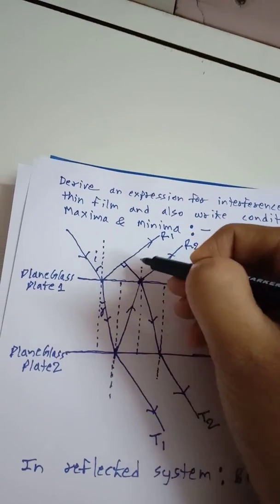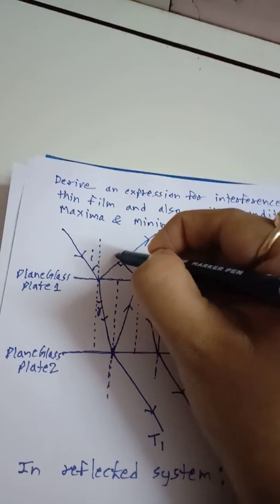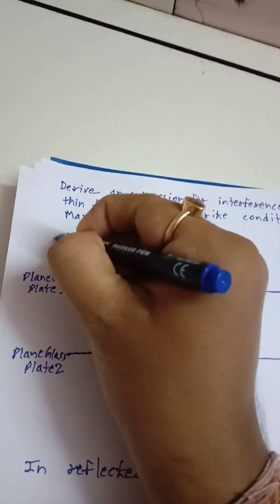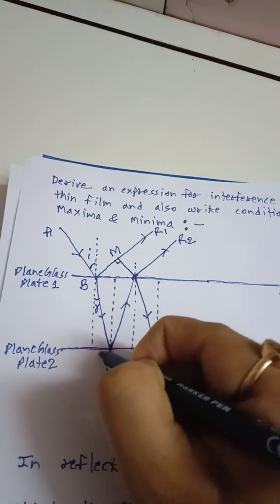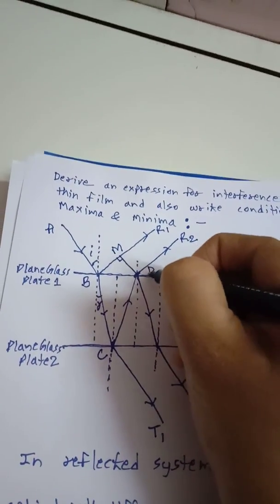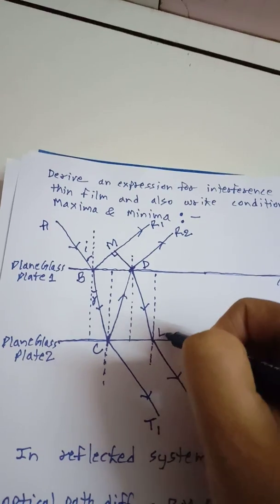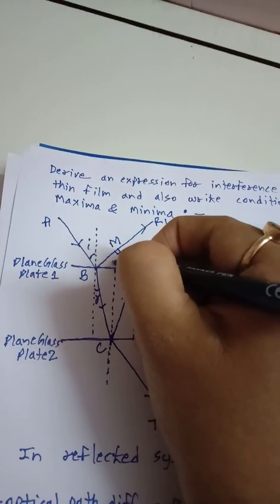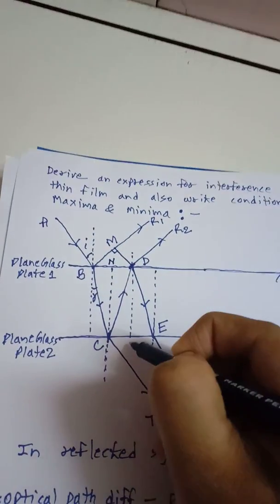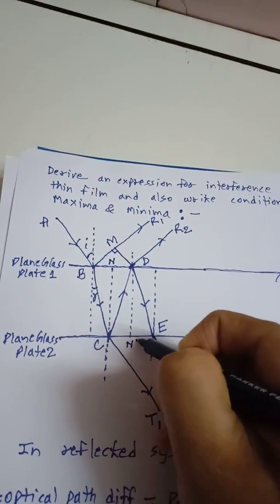Okay, so I can give the name here capital M, and this is A, B, this is C, and point D, point E. Okay, and this I can call N, and this is N dash.